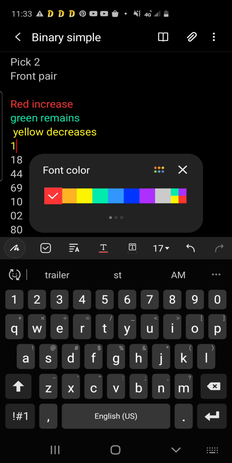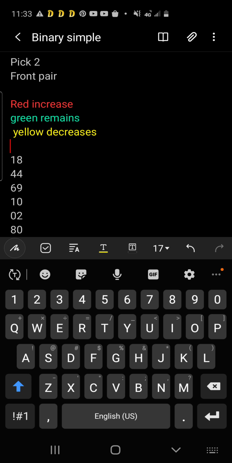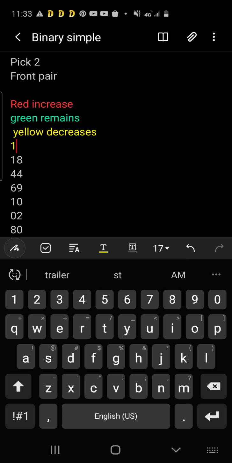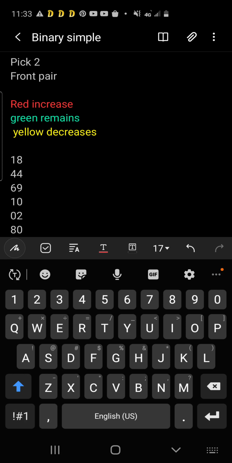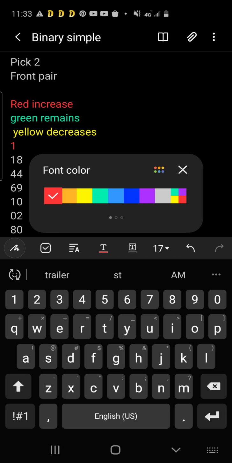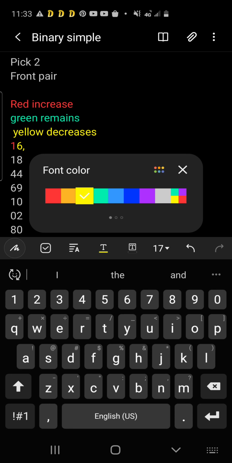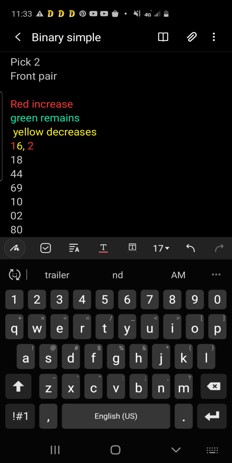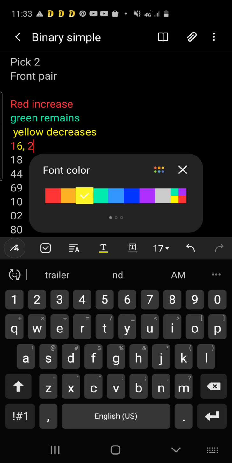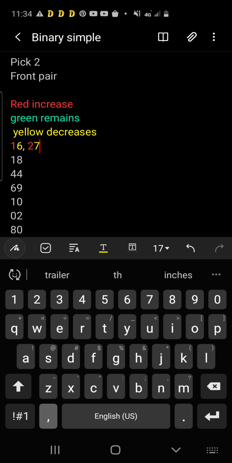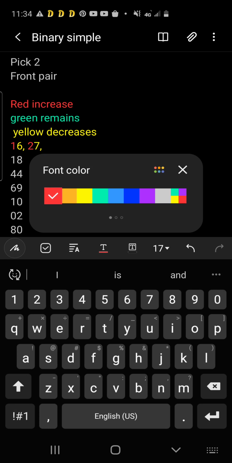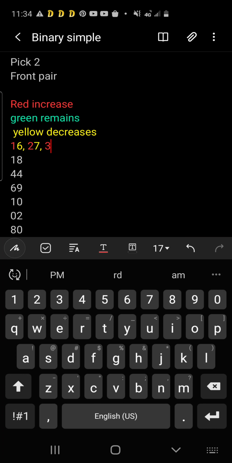And the 1 is supposed to be red. So you got 1, 6, 2, 7, 3, and 8.